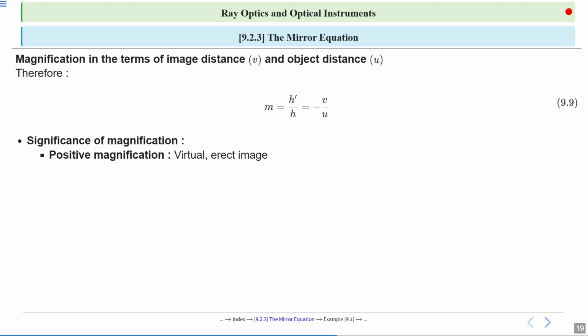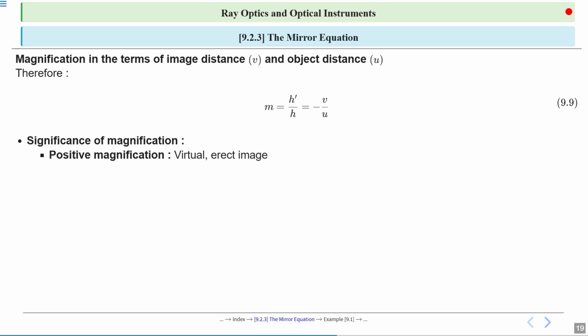If the object is above the principal axis, then the image is formed above the principal axis. That means magnification is positive. If the object is below the principal axis and the image is also formed below the principal axis, then again magnification is positive.